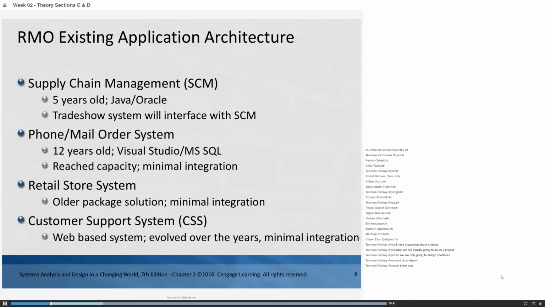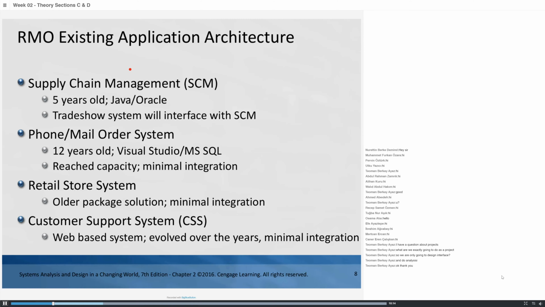The major systems in the RMO project: RMO's application architecture consists of the following 4 subsystems. At the moment, we have a supply chain management application. It was developed 5 years ago, and basically it's a client-server application using Java and Oracle.